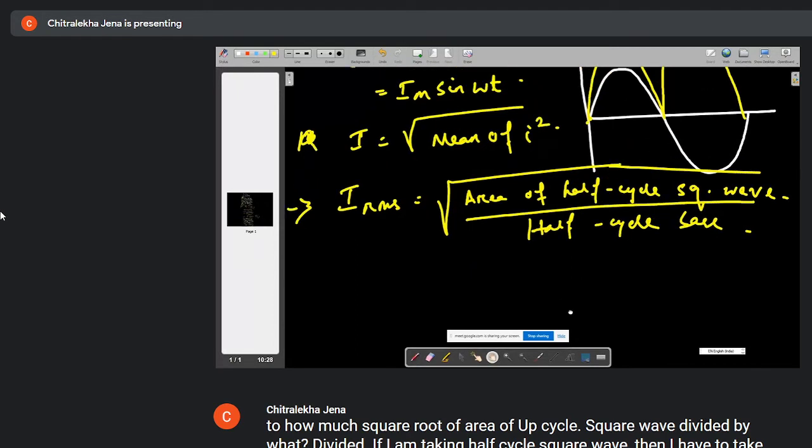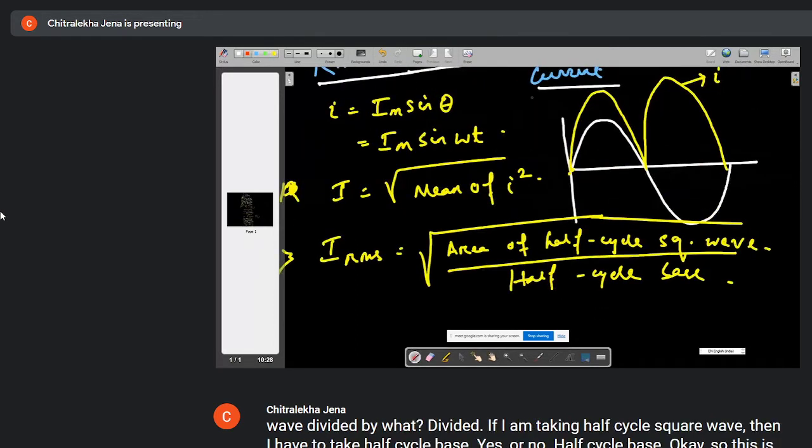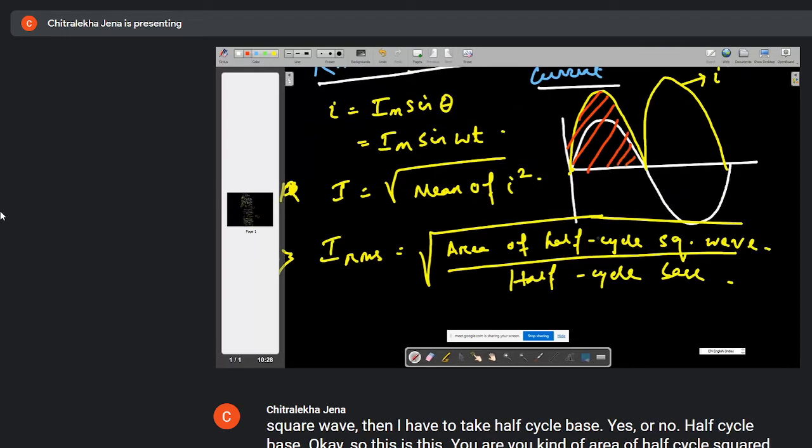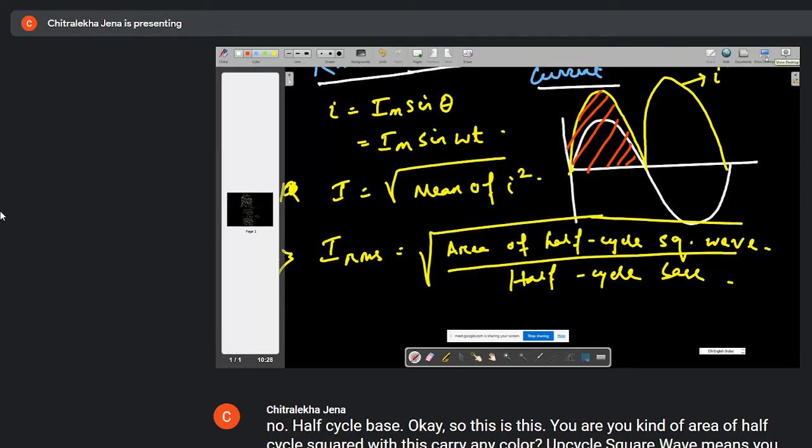Find the area of this one. Half cycle squared wave means you have to find out what is the area of this one. Find out quickly. Have all of you written? Find out and tell me.